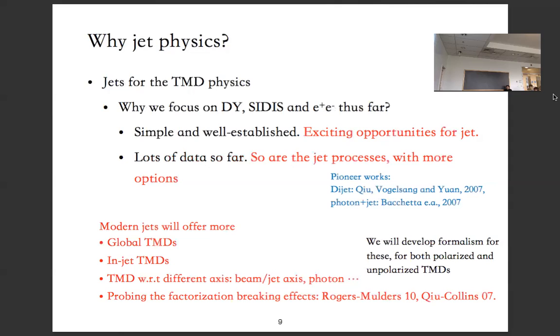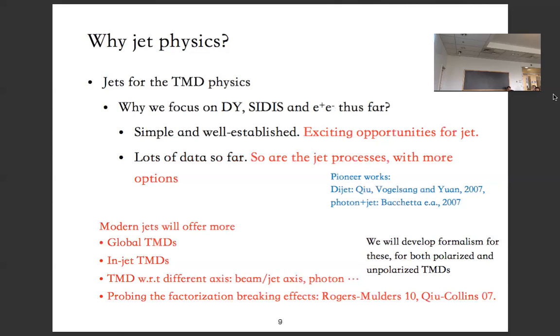Because we know that for jet physics, if you look into the non-perturbative region of the TMD factorization theorem, people always said that the factorization theorem actually breaks down, by Rogers, Mulders, Collins and others. But from the other side, if we can come up with a factorization theorem for the jet imbalance based on conventional factorization techniques, we can probe the factorization breaking effects.